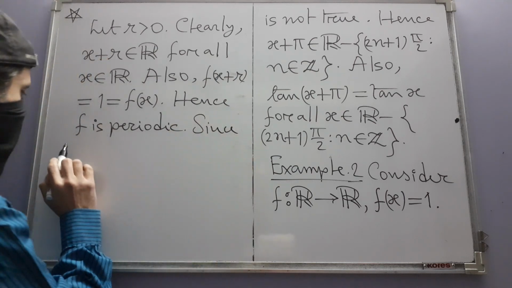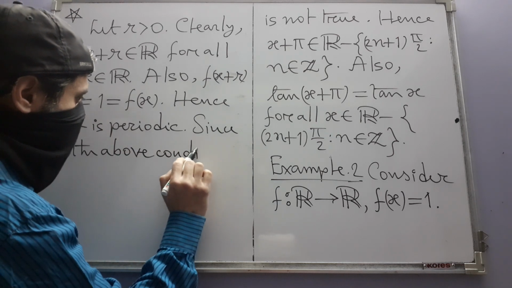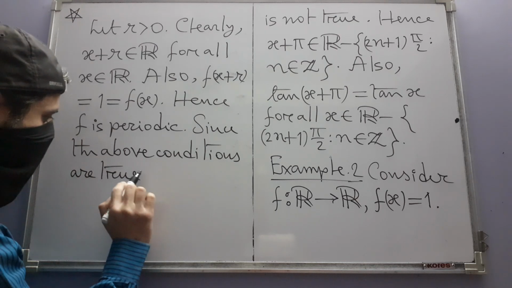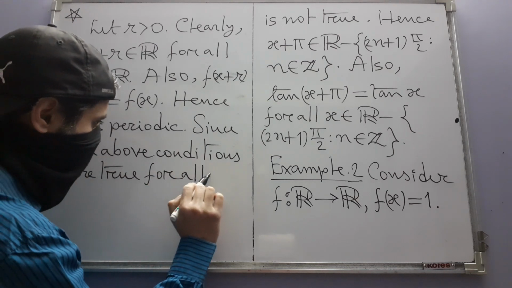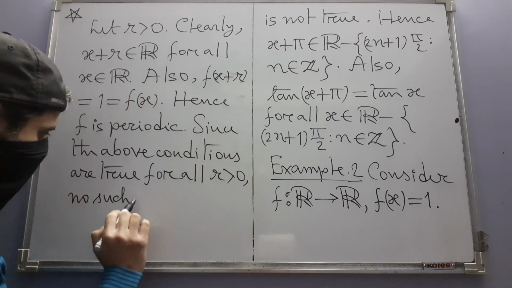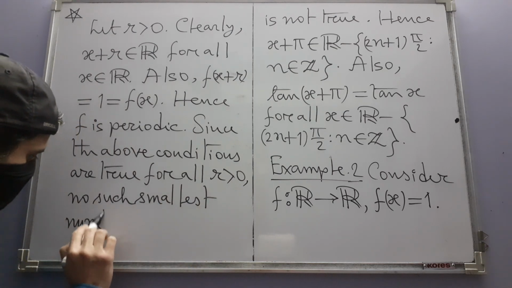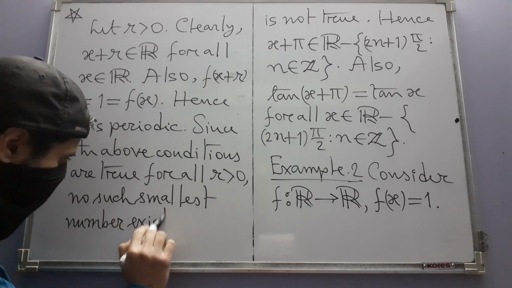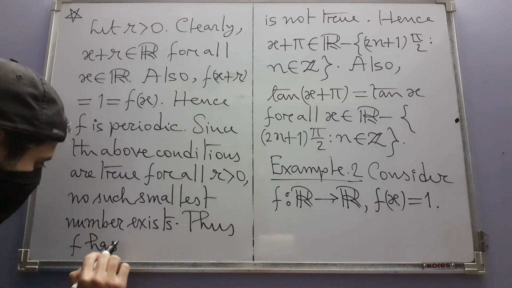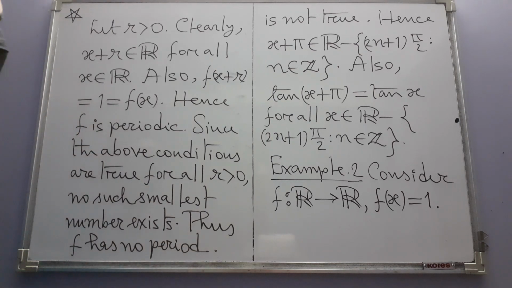Since the above conditions are true for all R greater than 0, no such smallest number exists. Thus, f has no period. A periodic function, but one that does not have a fundamental period.